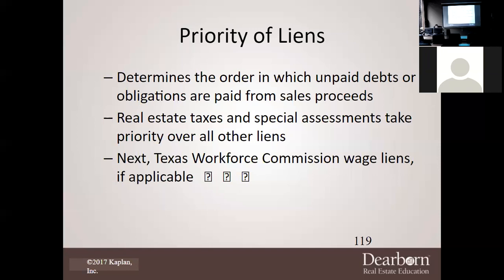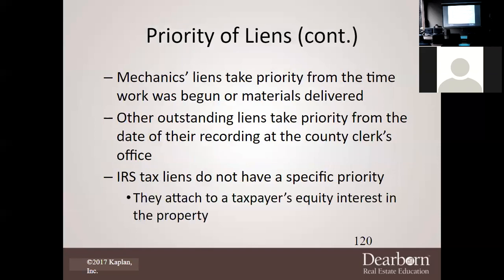The Texas Workforce Commission wage liens can also be next in line. So if the Workforce Commission has a wage lien on you, they're next in line. Okay. So basically, as you can see, governmental liens take priority. Period. Mechanics liens would then take priority from the time the work has begun or the materials have been delivered.